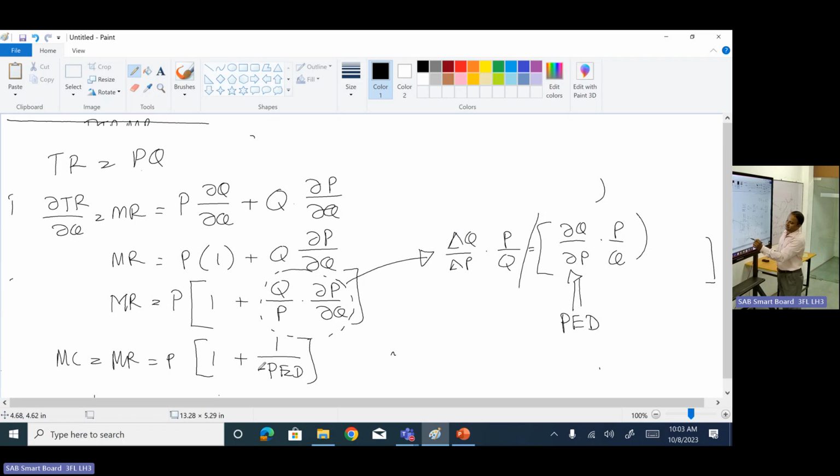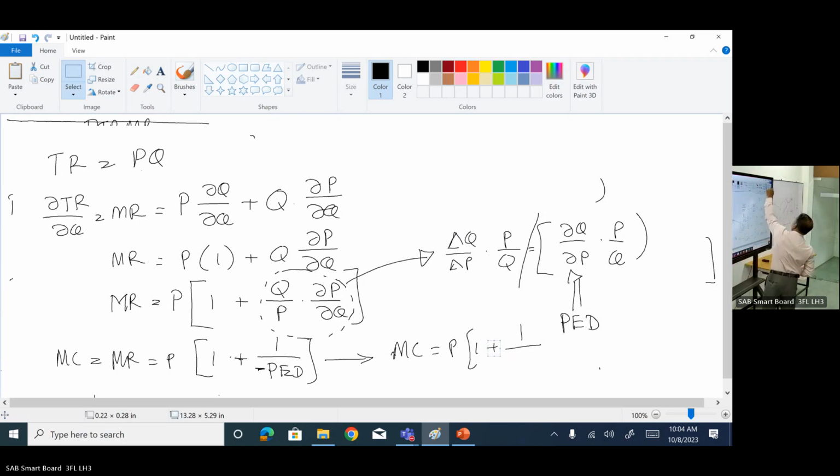So finally the sign changes, and you can write it as MR equals P times 1 minus 1 over the price elasticity of demand.